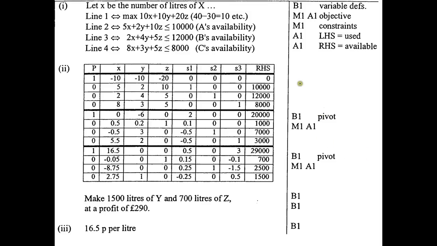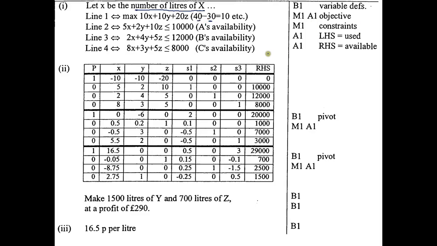Looking at the mark scheme here, you can see 1 mark up here for defining your variables, and you'll notice it specifies in the mark scheme number of litres of X. There's 2 marks for getting the objective correct, and in this particular case they've divided it up M1, A1. So M1 is for realising that the profit is the selling price minus the cost, and then A1 is for getting it all correct.